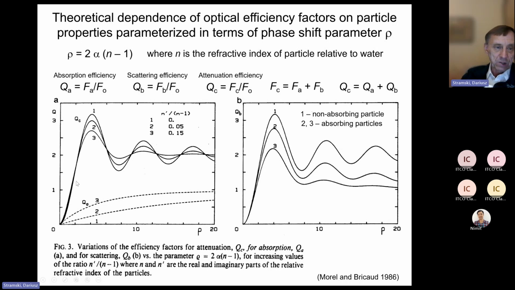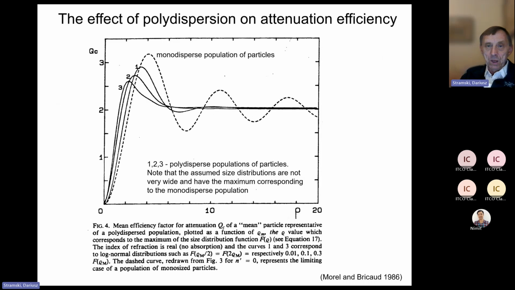The spectrum can be on this ascending portion of the theoretical curve, or somewhere around this first maximum, or maybe on the descending part, depending on the rho parameter. Depending on the size and refractive index, our spectrum can coincide with any portion of this curve. It can also coincide with a portion of the curve that is flat, so the spectrum will be flat. So this will be a very powerful theoretical tool to interpret spectral measurements of absorption and scattering of different particles, and in a moment I will show you examples of this interpretation.